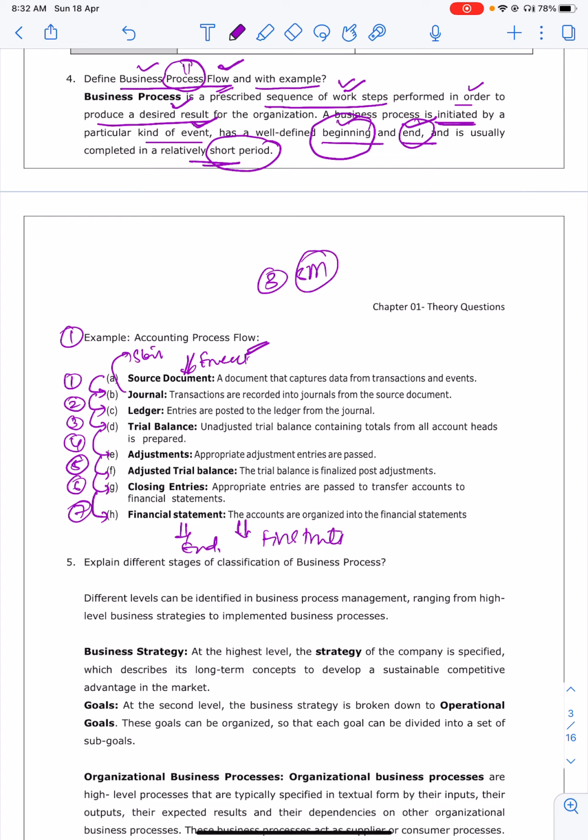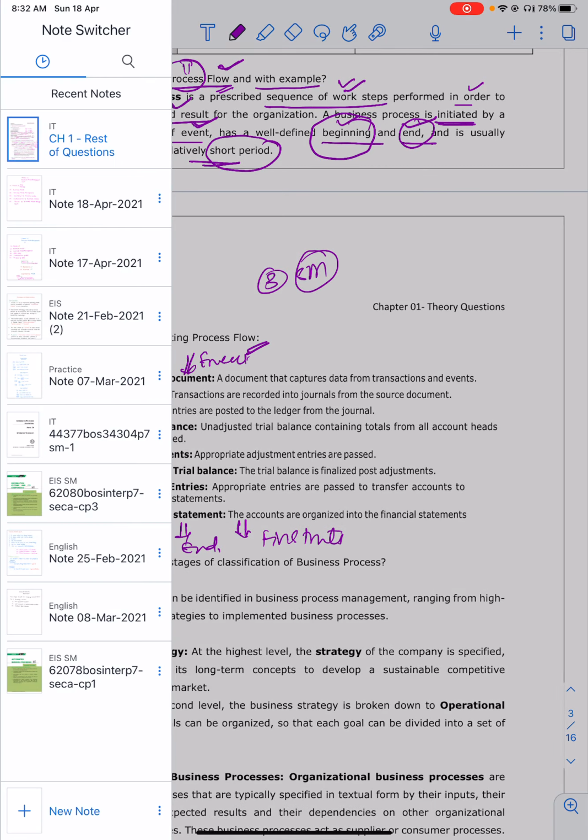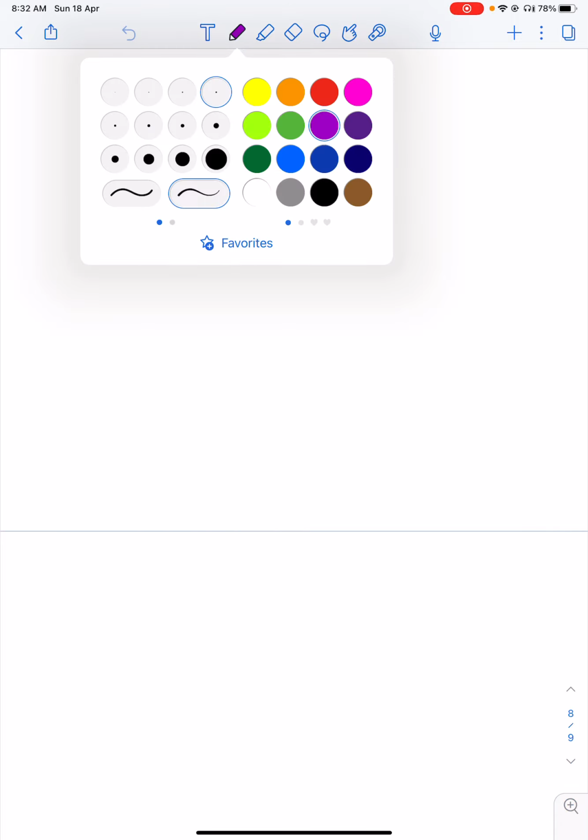So what we have studied up to now: we are studying chapter 1, business process management and IT. First we studied what is a process definition. Now this process definition, we have two perspectives.